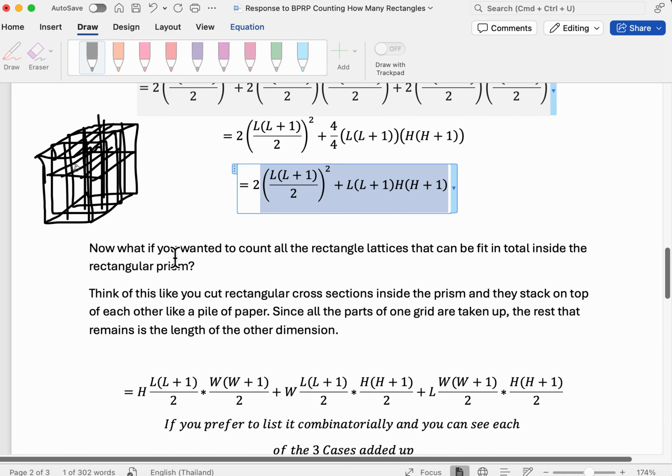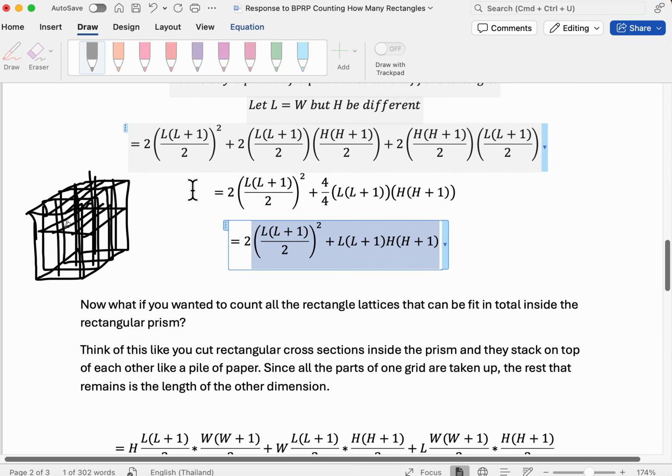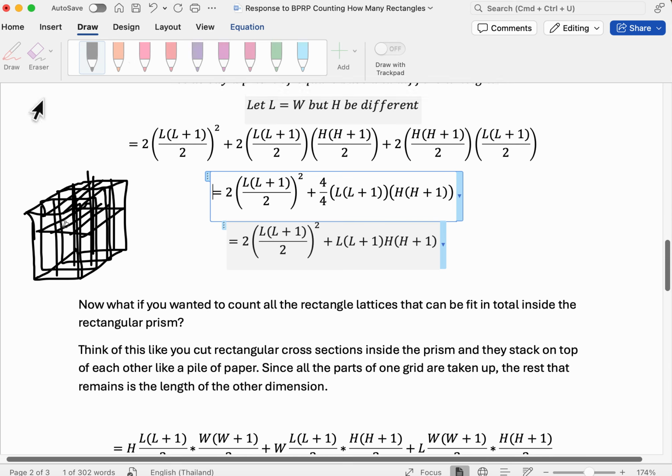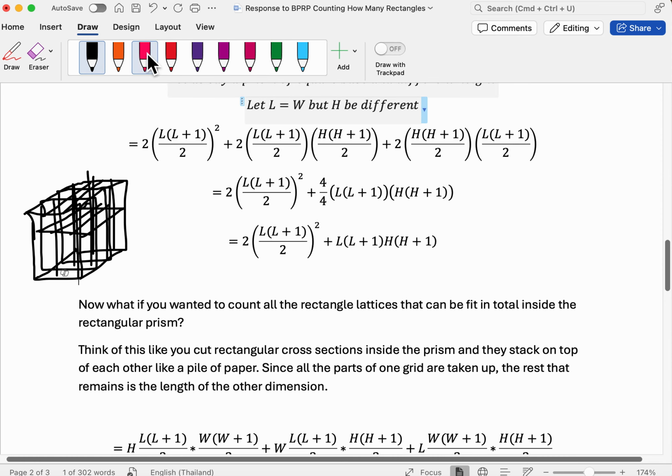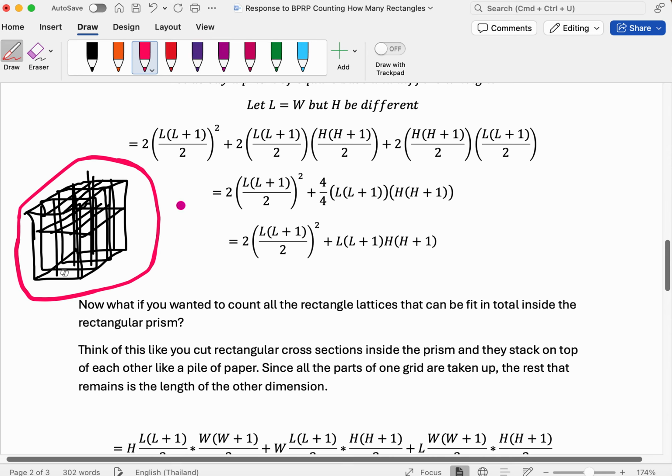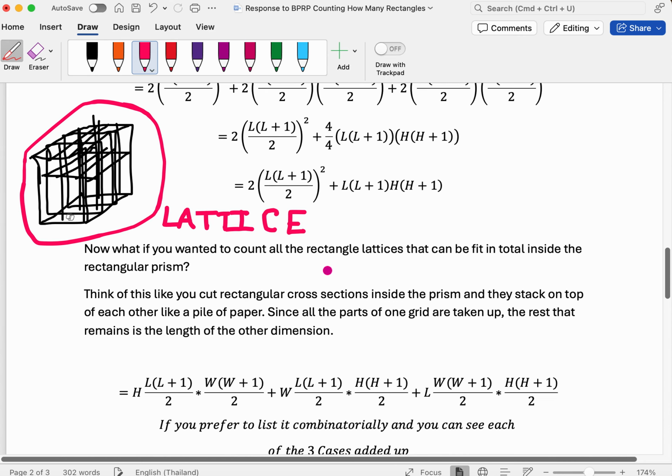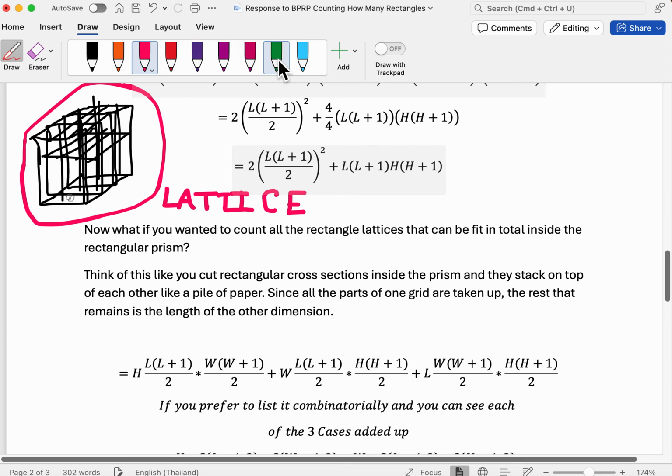Now, here's the last problem, which is represented by this particular drawing I've sketched over here. What if you want to count the total number of rectangles that are fitted inside the grid 3-dimensionally, say as a lattice here? What do you do then? Think of it like this. You basically will have your 2 opposite sides, correct? This one here and this one here.